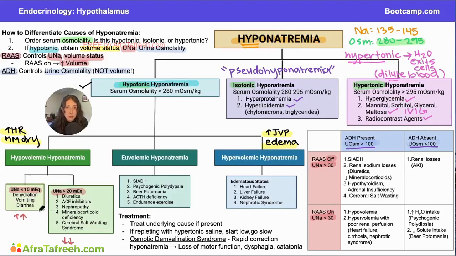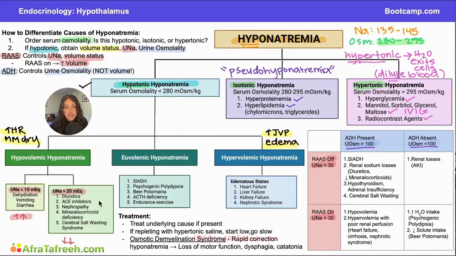So basically what's happening here is you're getting dehydrated because you are losing fluids, right? You're losing fluids and salt. And the natural response to that, the appropriate response to that, is for your body to turn on the RAAS system and do everything it can to preserve your pressure by saving more volume intravascularly, as well as vasoconstriction and all the other things that RAAS does. So RAAS is going to be appropriately on in this set of diagnoses.